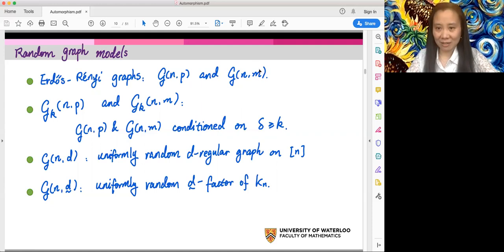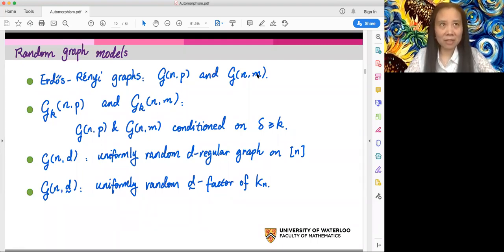In other words, the average degree is about log n. Why is that? Because when p is smaller, there are a lot of isolated vertices in the graph. So trivially you have symmetry, since you can always swap isolated vertices. So you only study graphs when the density is already over log n.